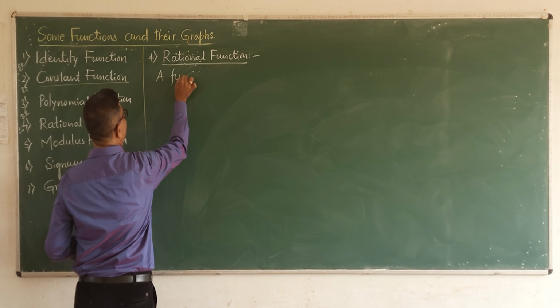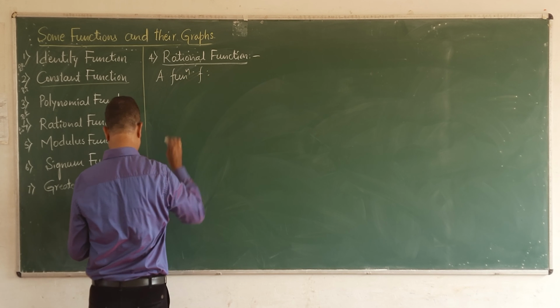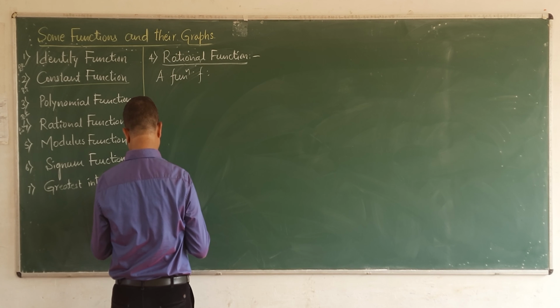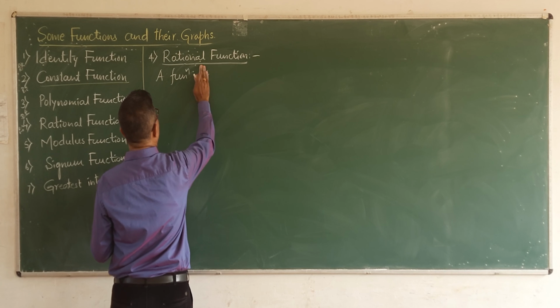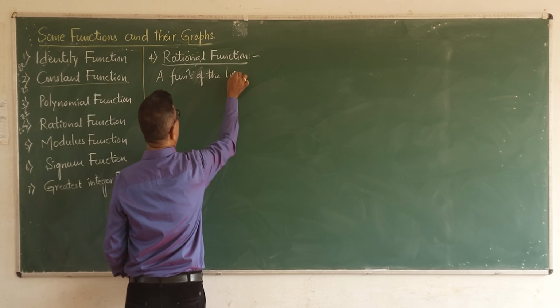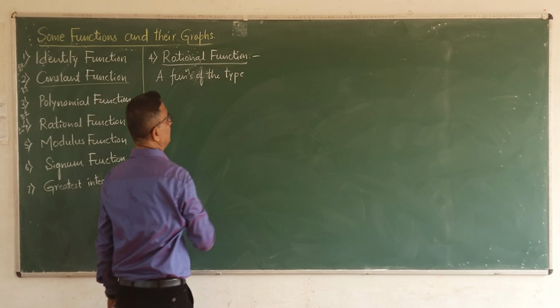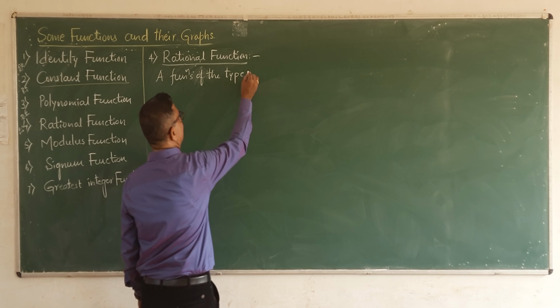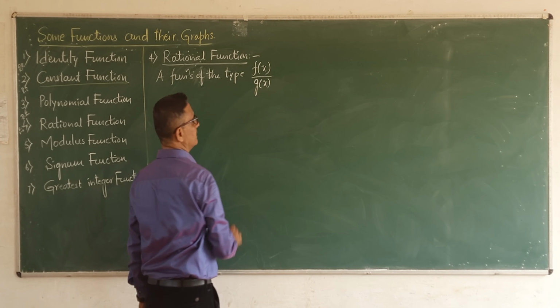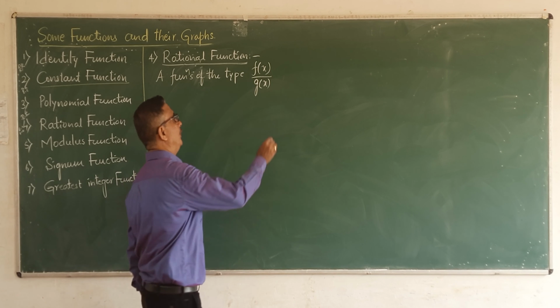A function f from R to R, or a function of the type, a rational function is in the form p by q, say f of x divided by g of x. It is in the form p by q, where g of x is not equal to 0.